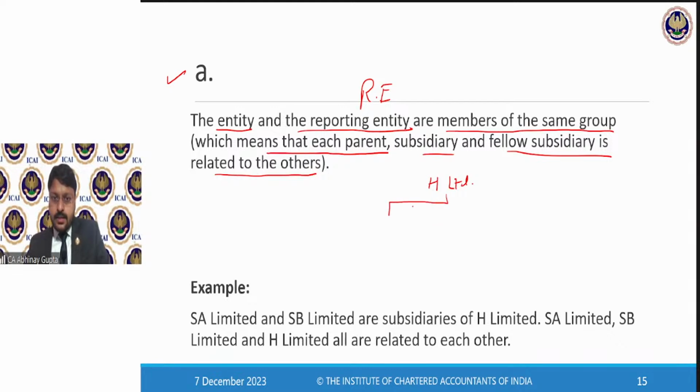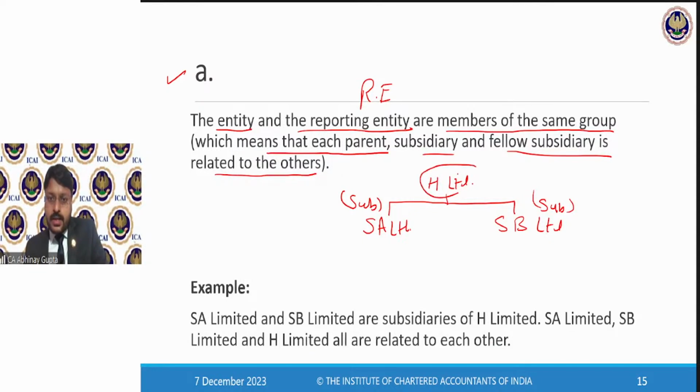It has two subsidiaries, SA Limited and SB Limited. H Limited, SA Limited and SB Limited are all related parties to each other.